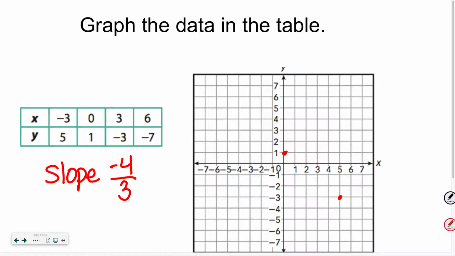Those must be positive. Alright, and then 3, 3.